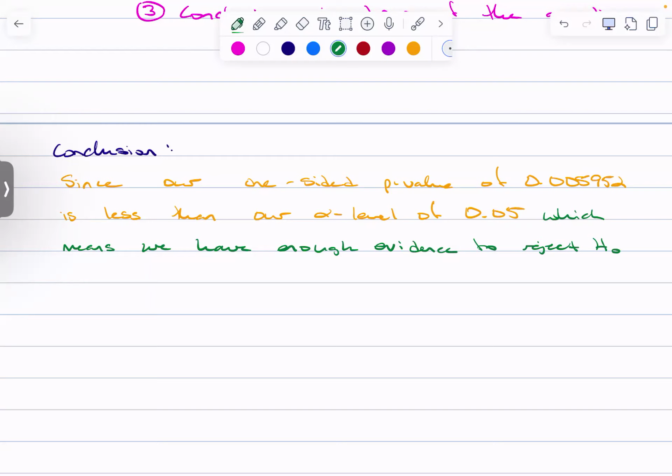It has to be in terms of H naught. I'll add it in for completeness, in favor of HA. Therefore, the proportion of untreated days is significantly higher than 0.15 or 15%.